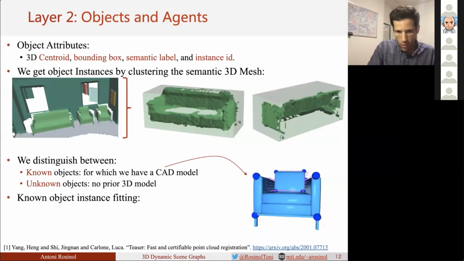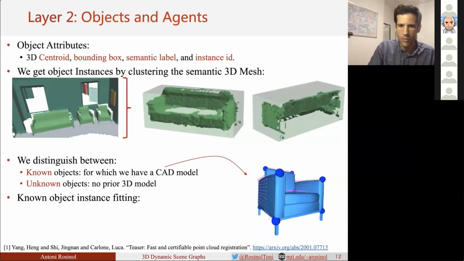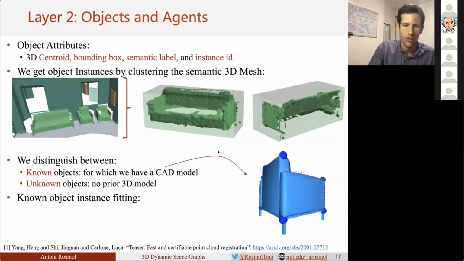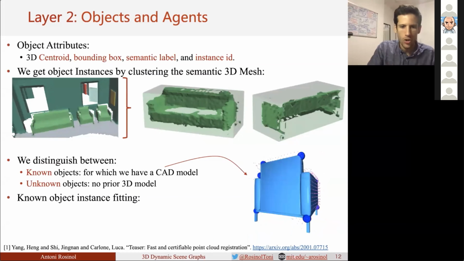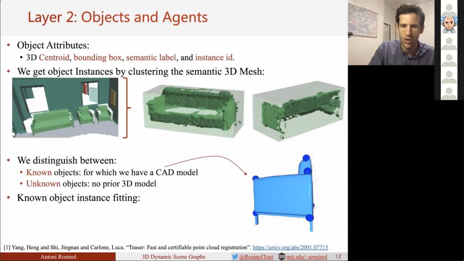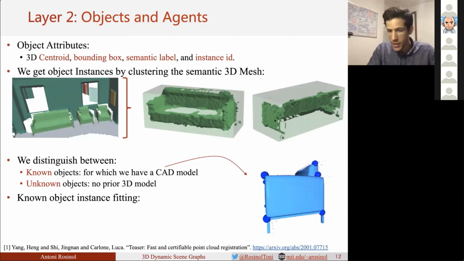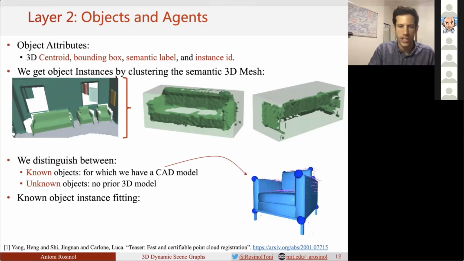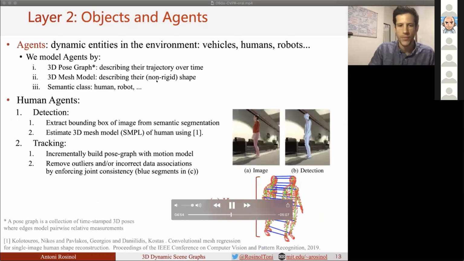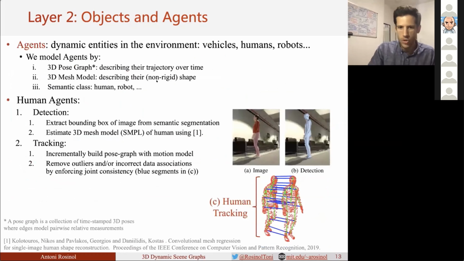For the known objects, we fit the model by first extracting 3D key points between the estimated 3D mesh and the CAD model 3D mesh. We then match all 3D key points between the source and target models. Of course, this will introduce a significant amount of outlier correspondences, but by using outlier-robust 3D registration techniques that we recently developed, we can faithfully register the 3D models. Still in layer 2, we also model dynamic agents, such as humans, robots, and so on.